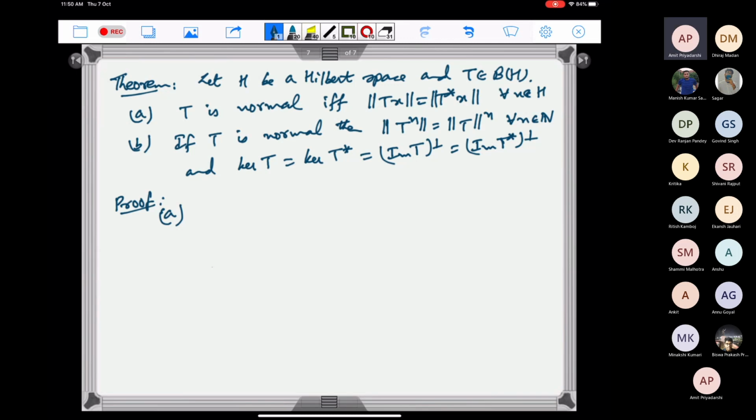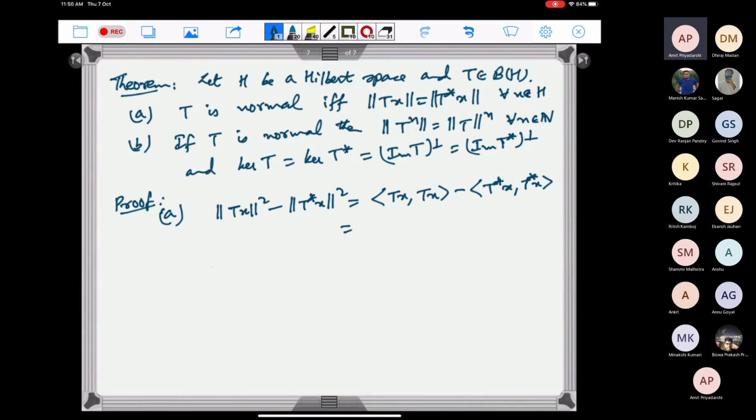So let's look at norm Tx square minus norm T star x square. This is inner product of Tx with Tx minus inner product of T star x with T star x.